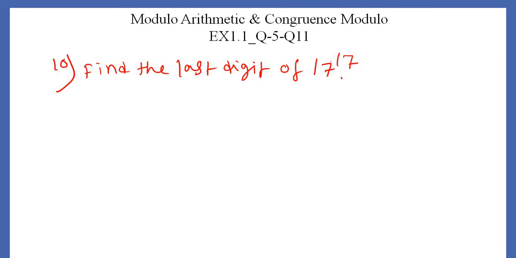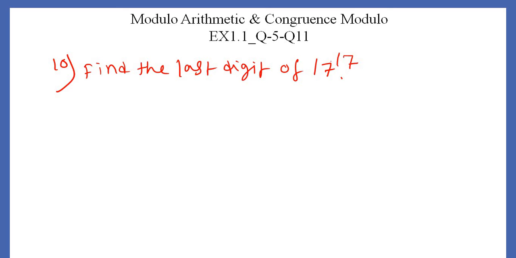You have to find the last digit of 17 to the power 17. That means, since you have to find the last digit, the unit place, you have to divide by 10. So what would be the approach?